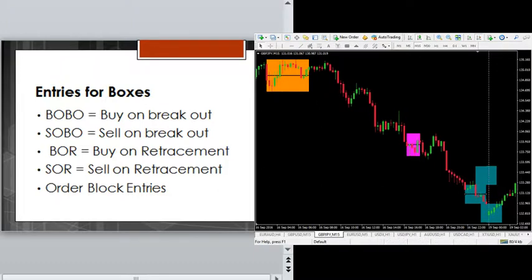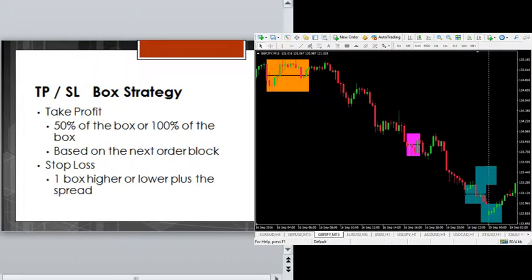And how are we going to get our take profits? Our take profit on the scalp would be 50% of the box, one box up. If you double click the box, the white colored rectangle at the center of this box is your 50%. You can take a 50% take profit or a full 100% of the box.